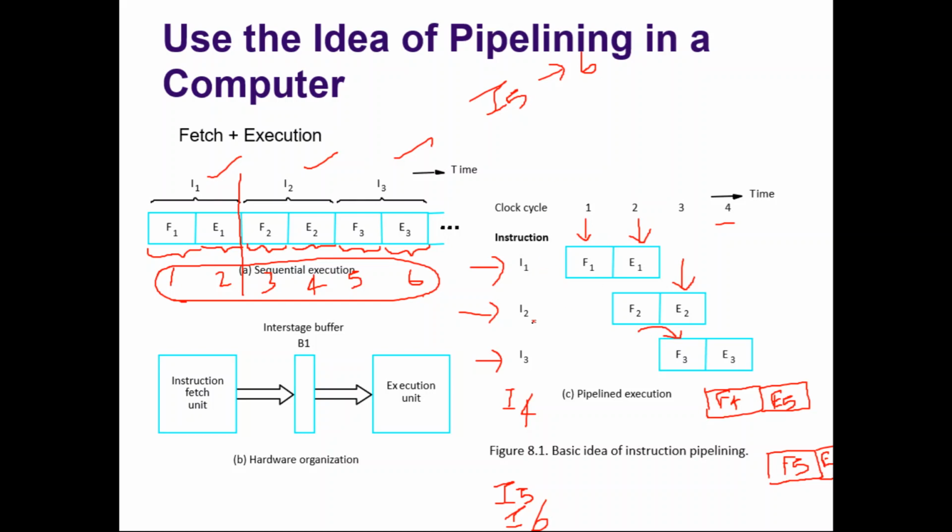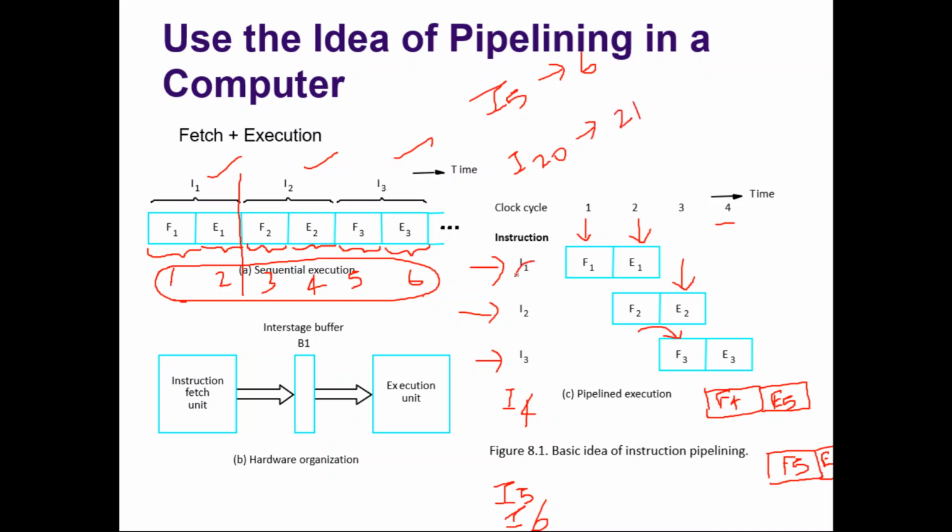One is completing at second clock cycle, second is completing at third clock cycle, third is completing at fourth clock cycle, fourth is completing at fifth clock cycle. Say let us go to instruction 20. So instruction 20 will be completed at 21st clock cycle, right?